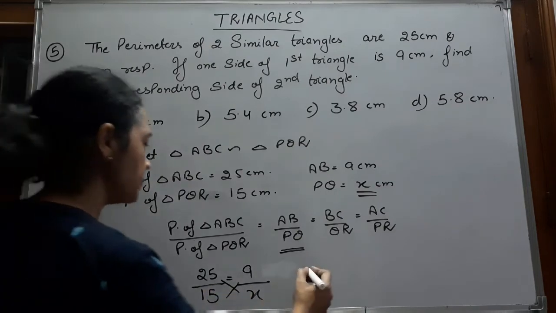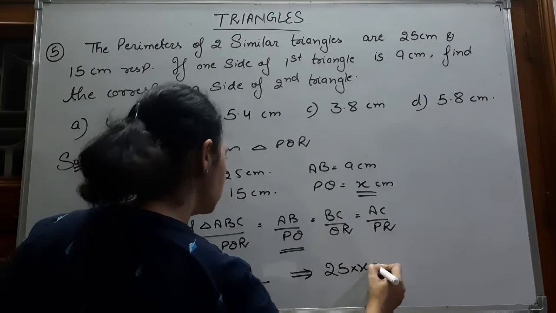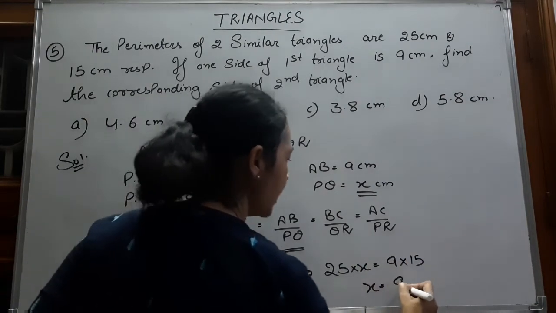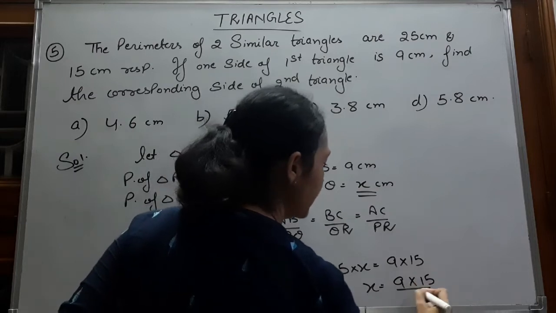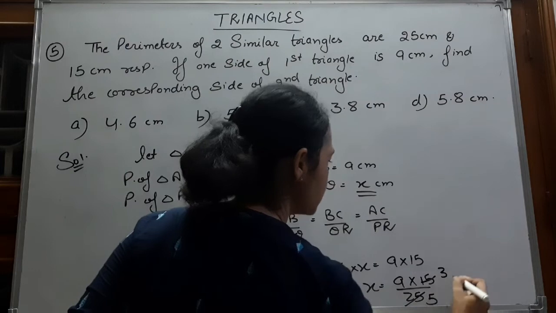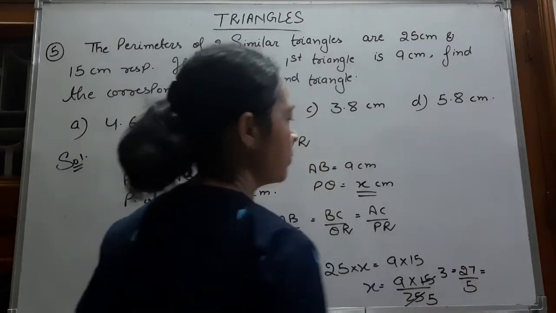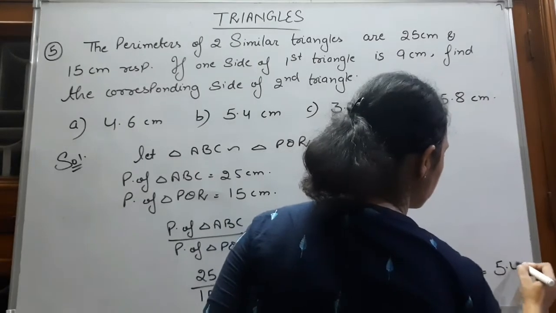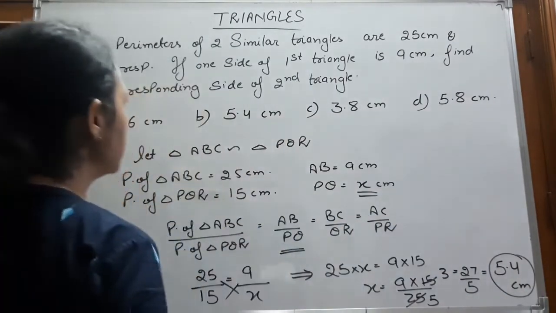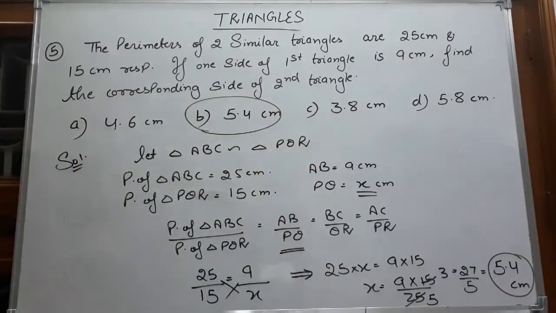Cross multiply. We have 25 into x equals 9 into 15, and the value of x is 9 into 15 by 25. 5 threes are 15, 5 fives are 25, so 27 by 5. 5 fives are 25, so 5.4 centimeters is the length of PQ. So option B is our correct option.